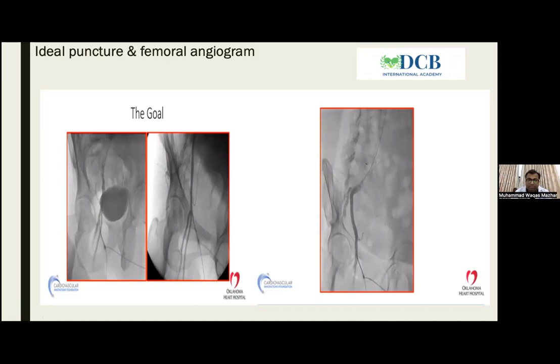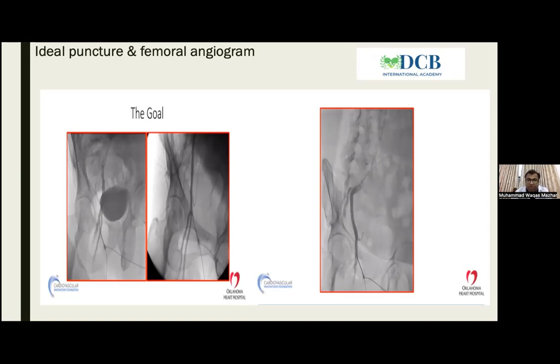What is the penetration of the radial approach in your cath lab and in Pakistan overall? Sir, my setup is a high volume center, and we are 90% with the radial. If right radial is not feasible, we switch to the left radial.